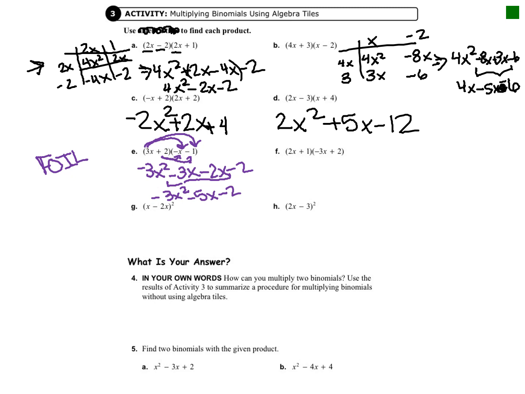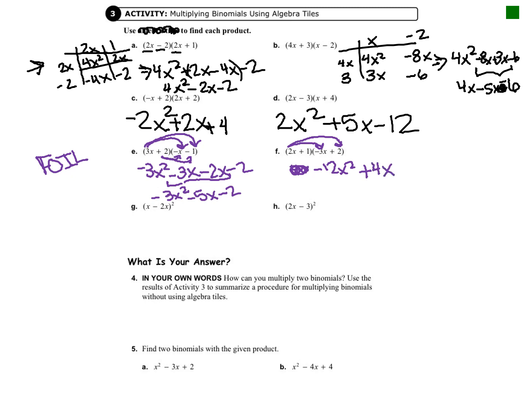Okay, F stands for the first term. 2x times 2 is 4x. Oh, first term, 2x times negative 3. 2x times negative 3 is negative 12x squared. The outside term, now I'm going to do the 2x times 2 plus 4x.